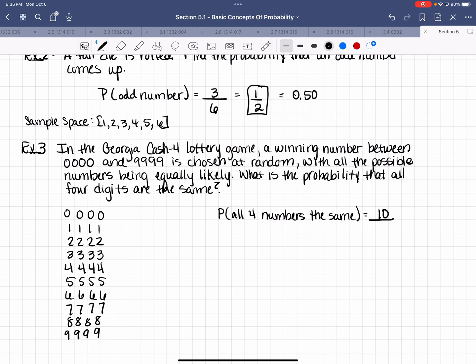Okay, but that will help you answer the next part because we had to count 0, 0, 0, 0, right? If I had started with 1, 1, 1, 1 and went to 9, 9, 9, 9, there would have been 9. But I've got the 0, 0, 0, 0 in there, right? So the top is how many I could actually possibly get. Well, there's 10. Now the bottom is the entire number in the sample space. How many different numbers are there?